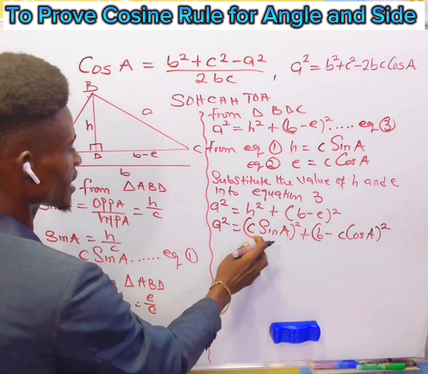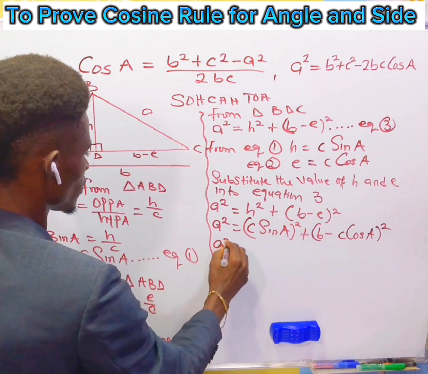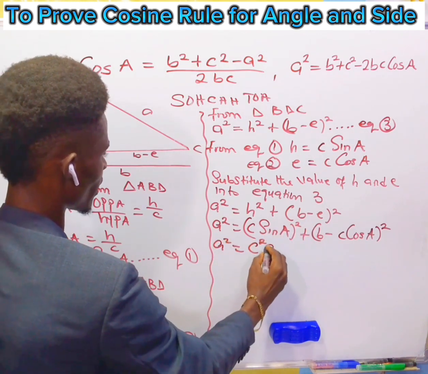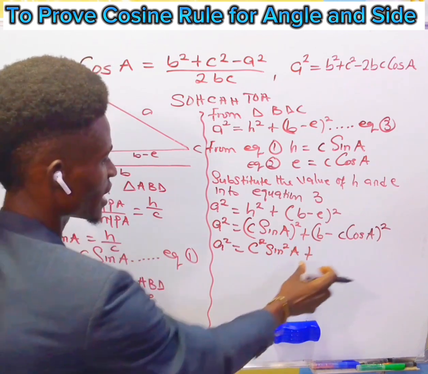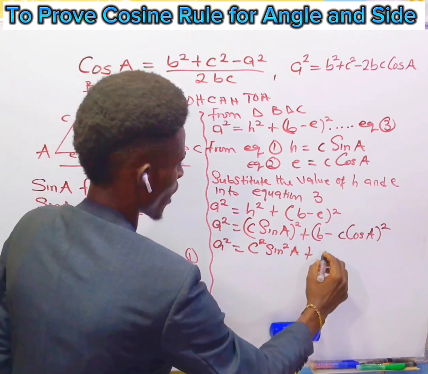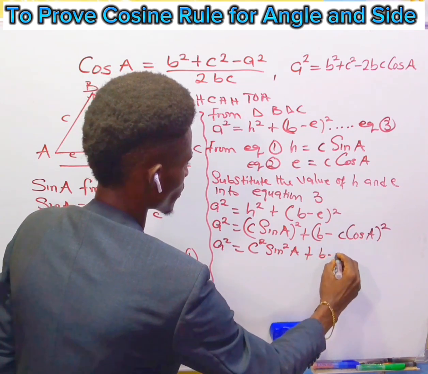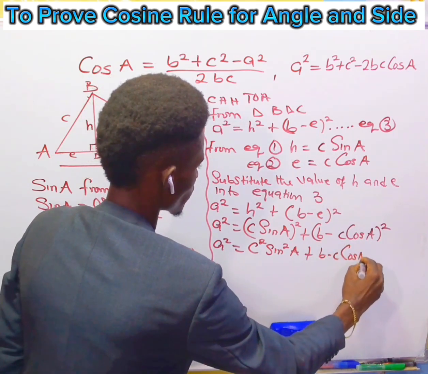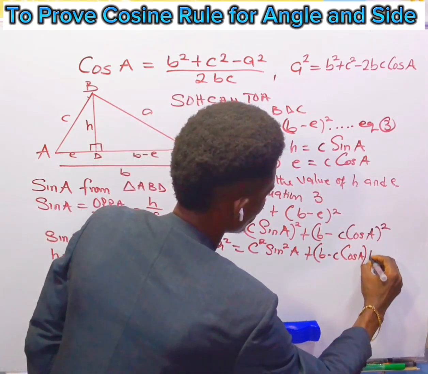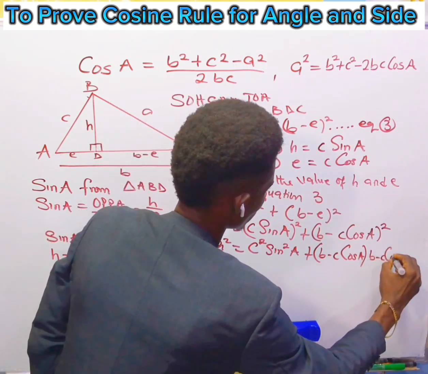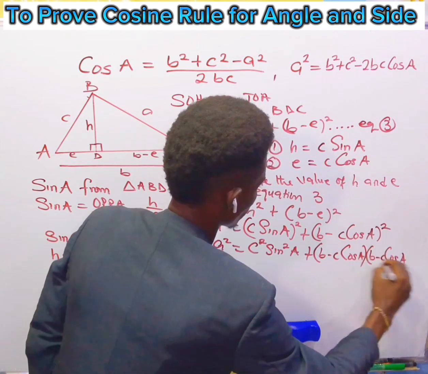Now the square of c sine A will give us c² sin² A. Now plus, let's expand this. We'll have it as (b − c cos A) and also (b − c cos A).